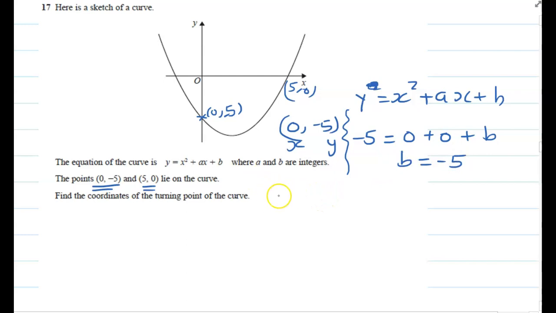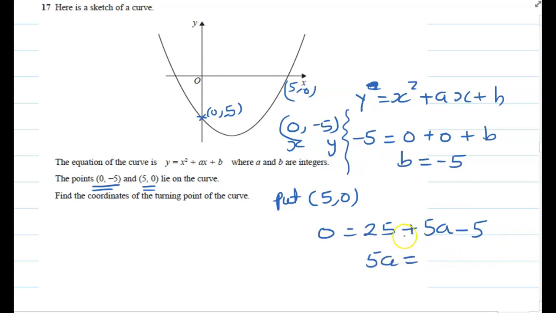And if we put 5 and 0, here y is 0, x is 5, so it will be 25, plus 5 times a, that is 5a, and minus 5 for b. So we got 5a equal to minus 20, divided by 5 both sides, so we got a is minus 4.